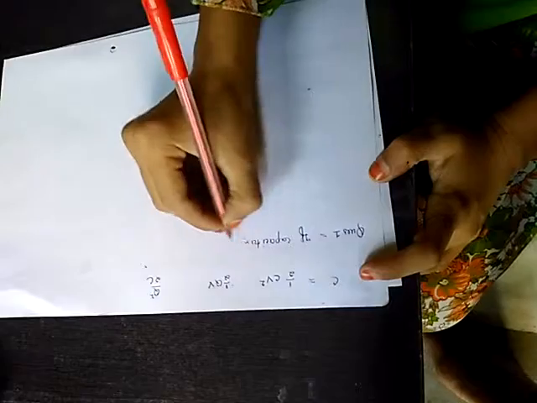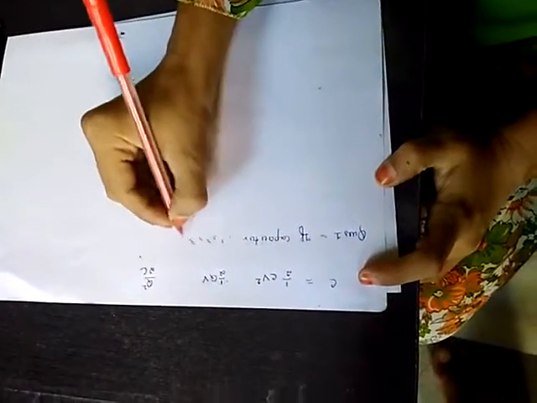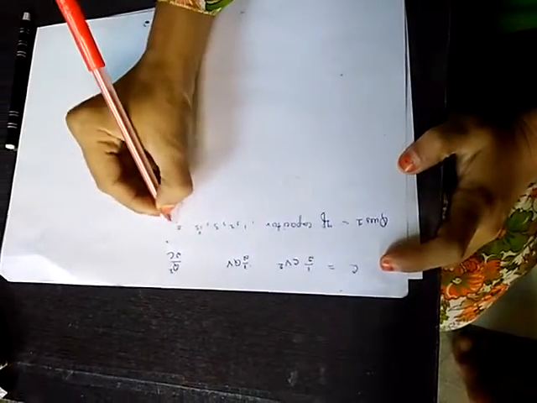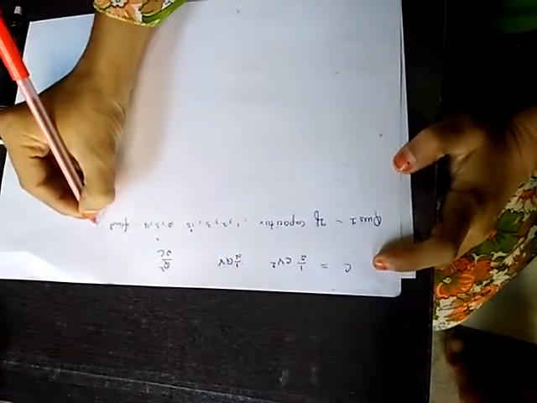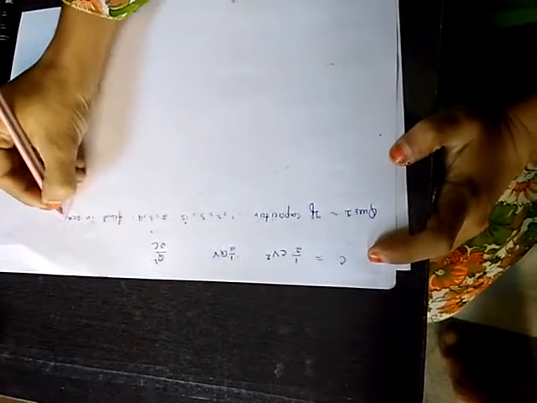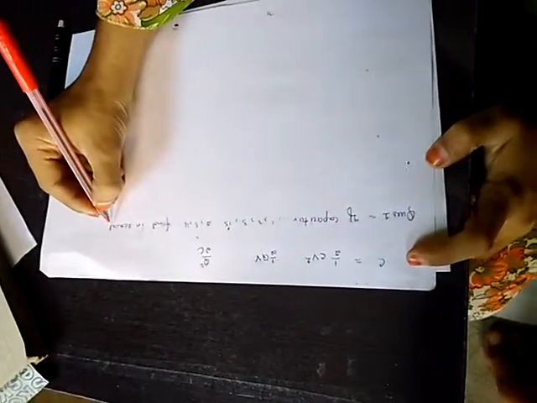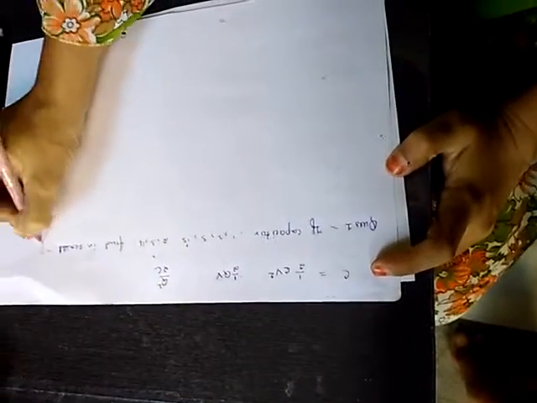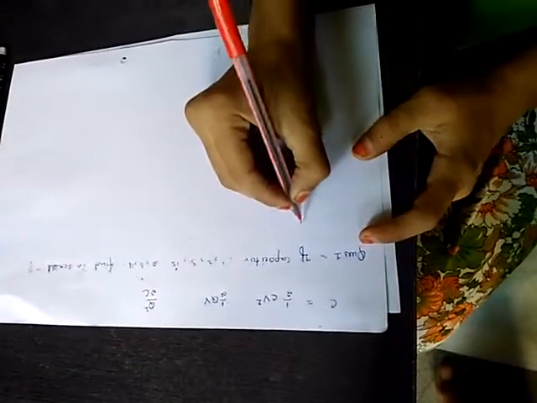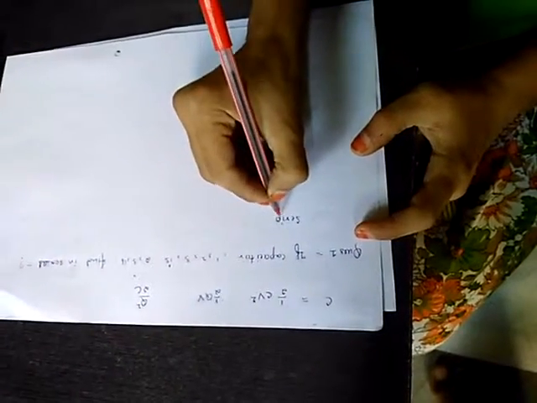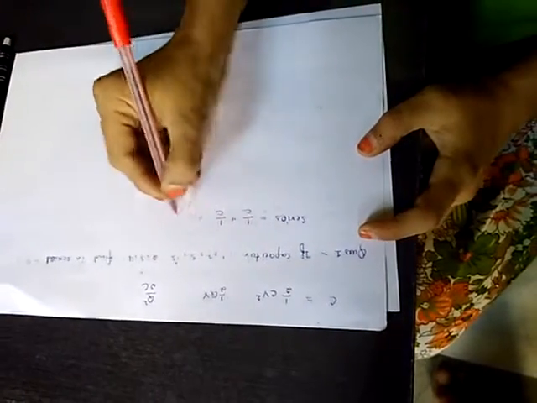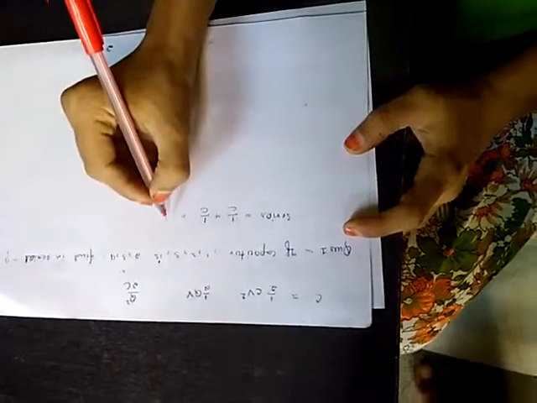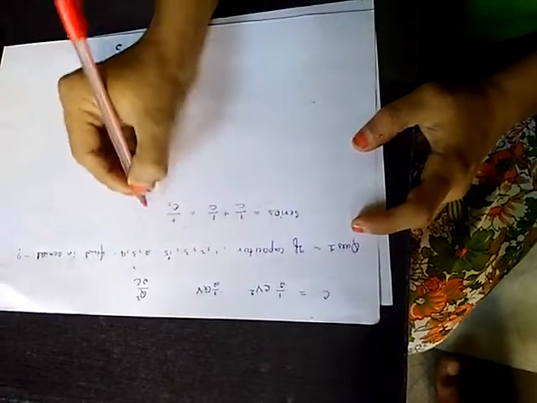If capacitors C1, C2, C3 are 2, 3 and 4, find the total in series. First of all I will tell you that for capacitors in series, the formula is 1 by C1 plus 1 by C2 and so on, equal to 1 upon C total.